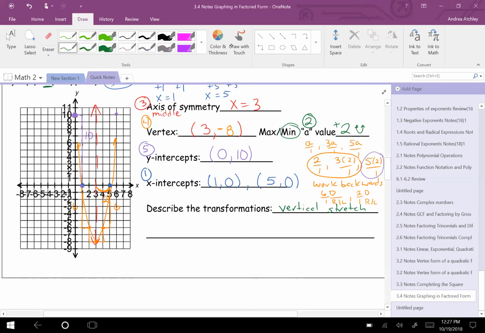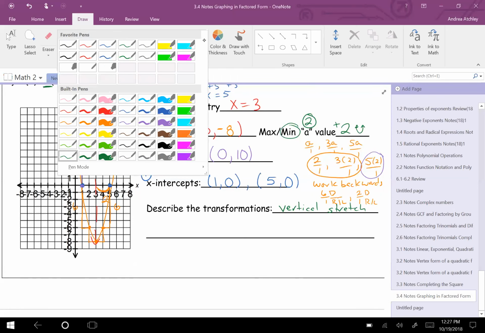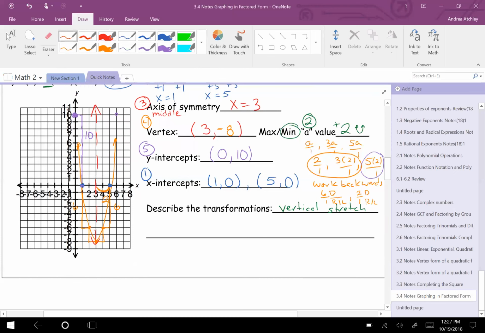Okay, then I'm going to, what's another one? Sasha, what else am I going to be doing? Okay, you look at your vertex and which directions did I move for my vertex? Up how many?